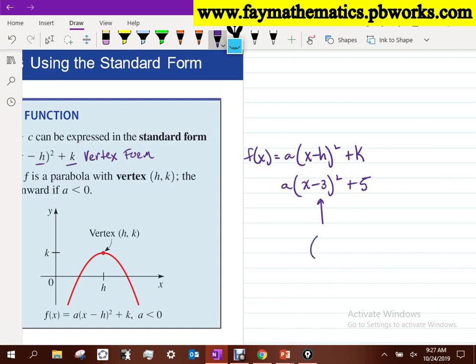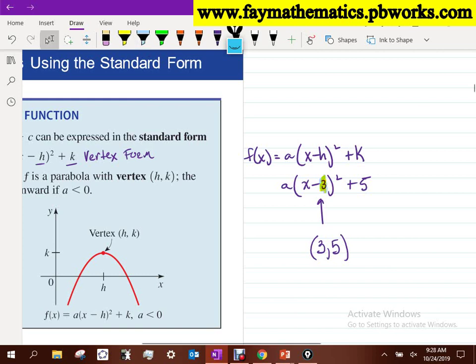To the right. So the x value has to be positive. Now this positive 5 is going to move it up, right? So the idea is that I'm not concerned about what the sign is in here for that 3. If it's negative, I'm just taking the 3.